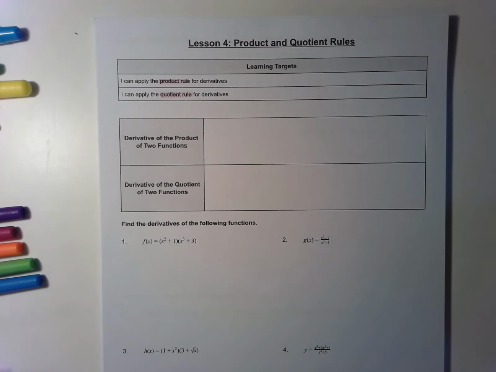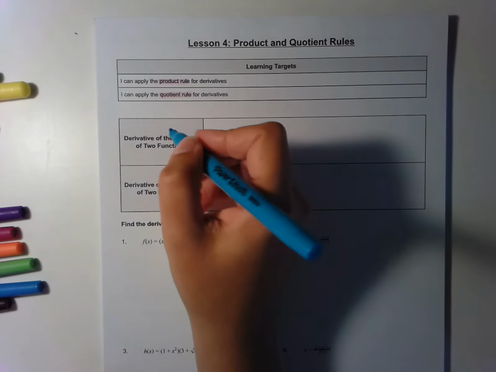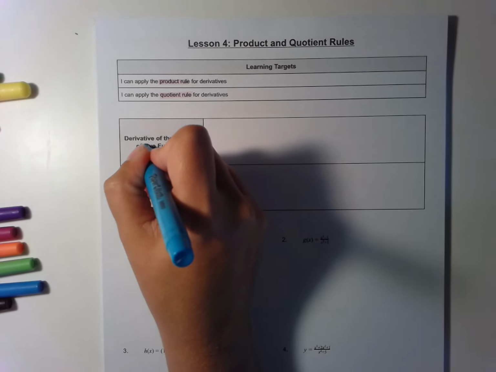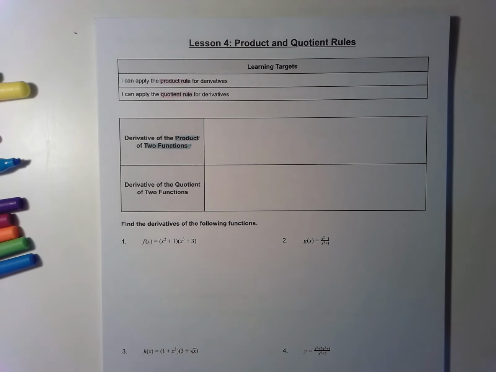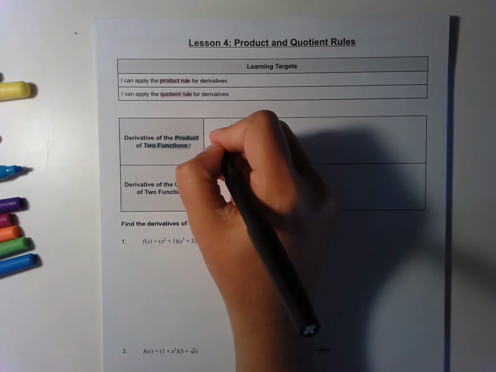So the first rule is going to tell us how to find the derivative of the product of two functions. So I'm going to start by saying kind of what we're doing. So we're going to find the derivative.